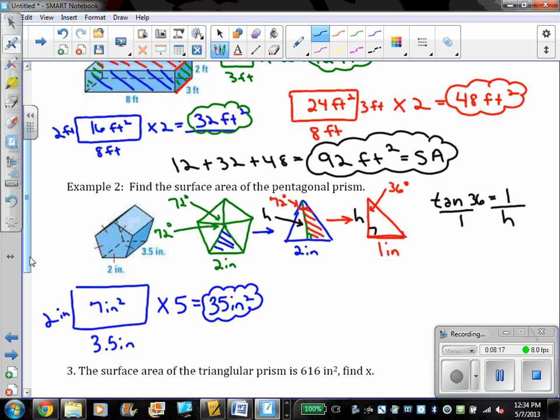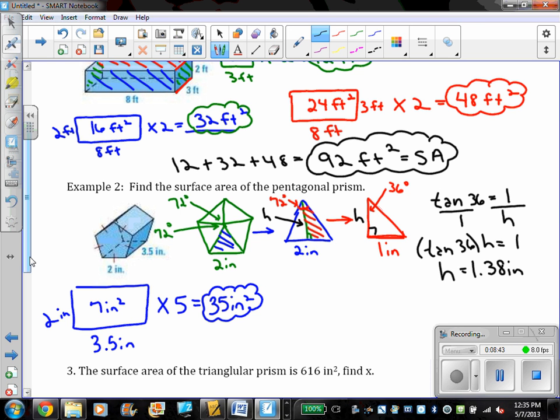And when you cross multiply, you have tangent of 36 times h equals 1. So we take 1 divided by the tangent of 36, and that gives us a height of 1.38. And that is in inches.